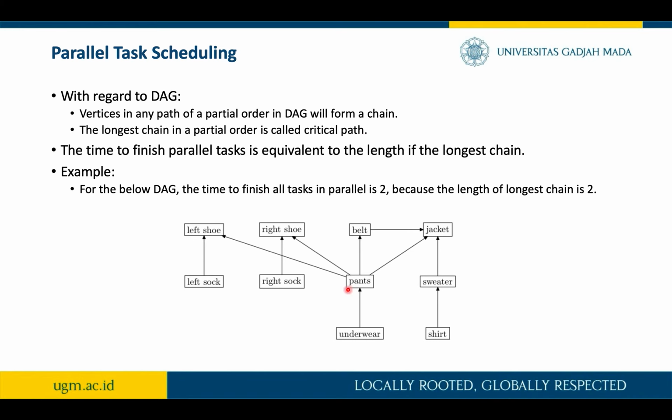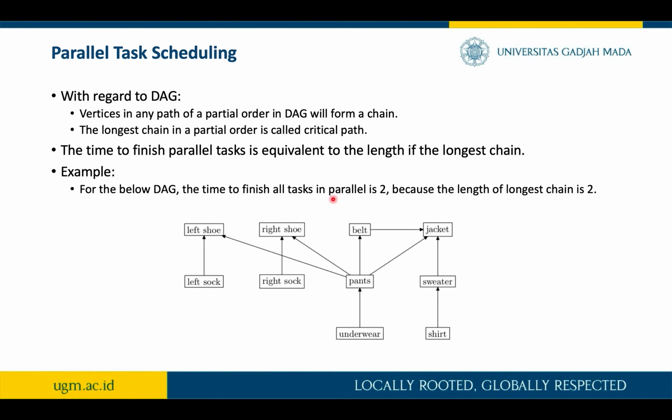We have several critical paths here, this one, and then this one, and then this one. The time to finish a parallel task is equivalent to the length of the longest chain. Meaning that the time to finish a parallel task is equivalent to the length of the critical path.